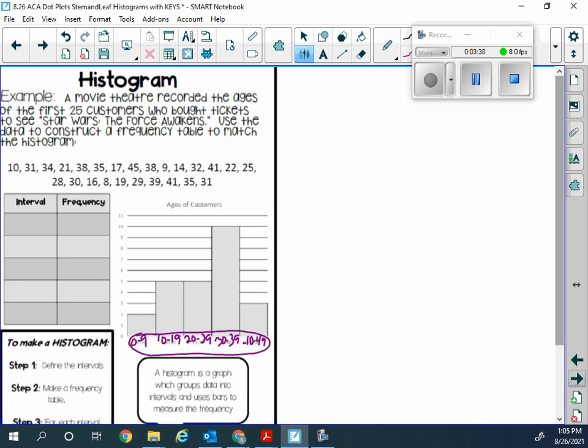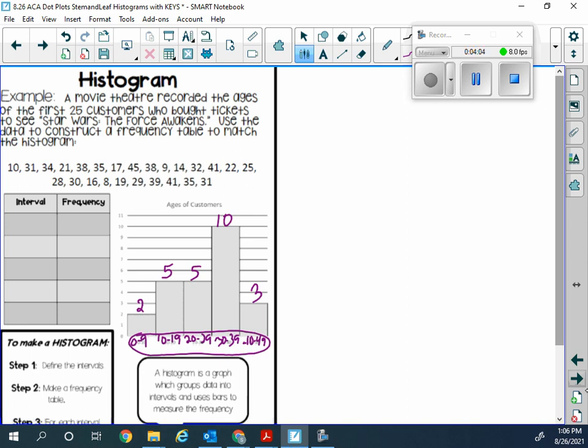How many people 0 to 9 bought those tickets? 2. That's right. We're going to write that number on top, just like you would with a good old-fashioned bar graph. How many people between 10 and 19? Guys, if I'm writing, you're writing. How many people from 20 to 29? And from 30 to 39? And 40 to 49? 3. Okay?